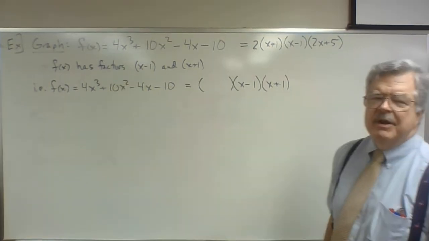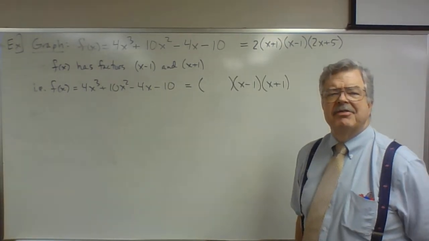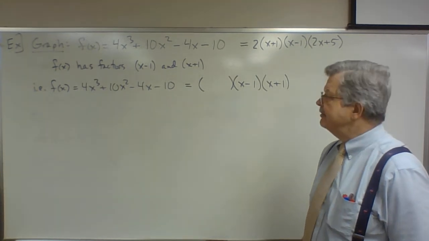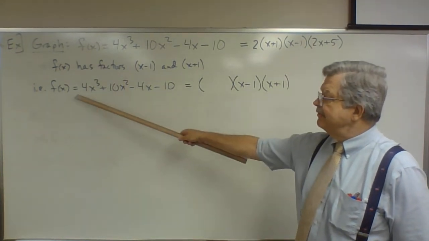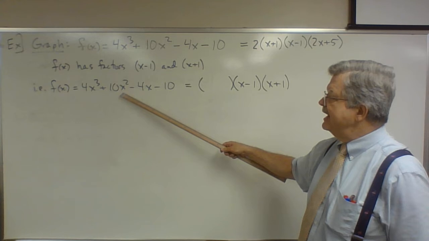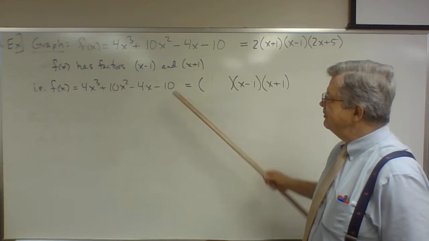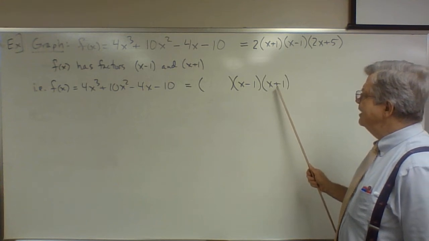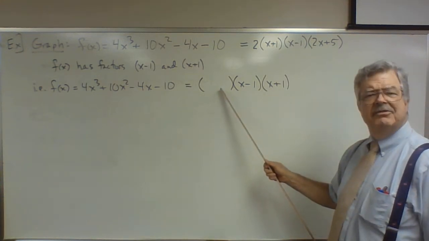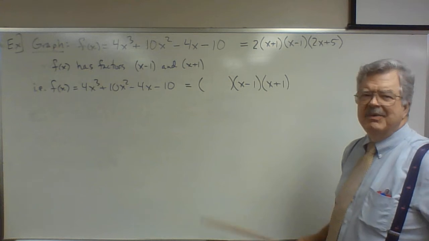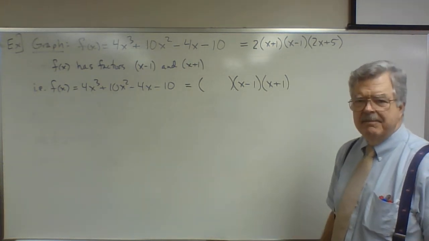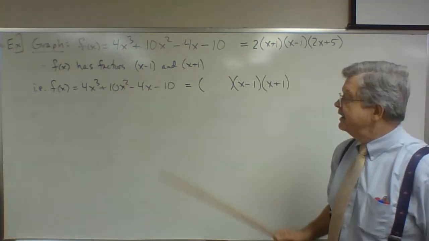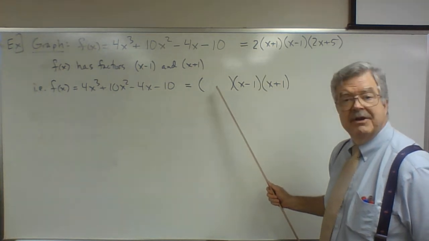Okay, here's where we do some detective work to get the remaining factor. f of x, 4x cubed plus 10x squared minus 4x minus 10, is equal to x minus 1 times x plus 1 times some mystery factor that we haven't figured out yet. But we're going to figure out what factor goes here right now.